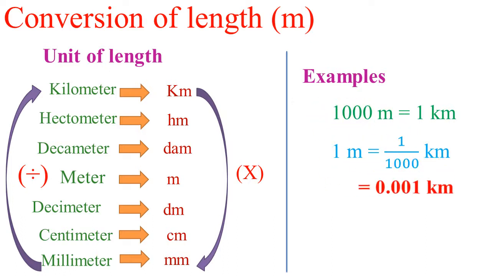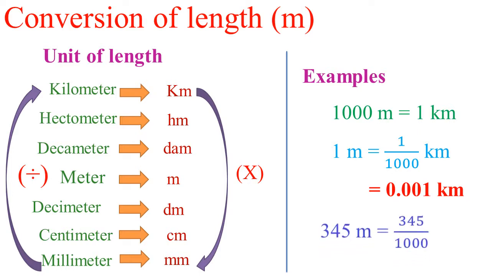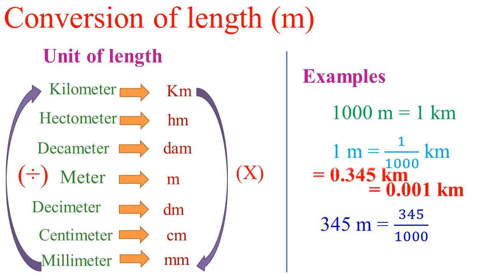So we get 0.001 kilometer. Let's see another example. 345 meter. Now to convert 345 meter into kilometer, we can write 345 divided by 1000. So we get in decimal form 0.345 kilometer.